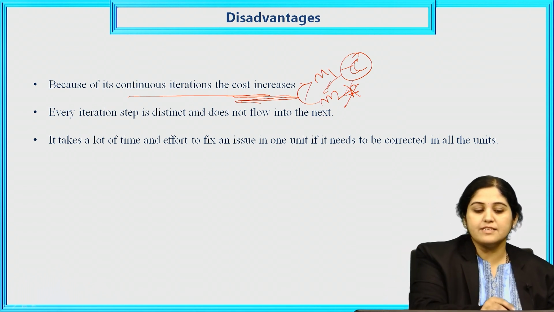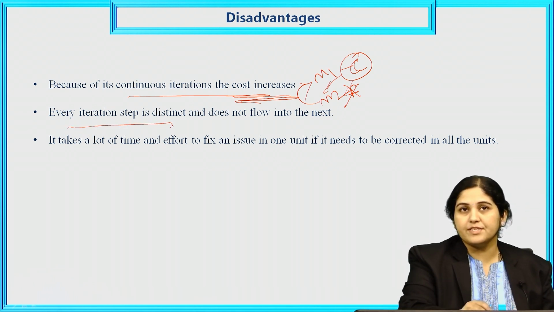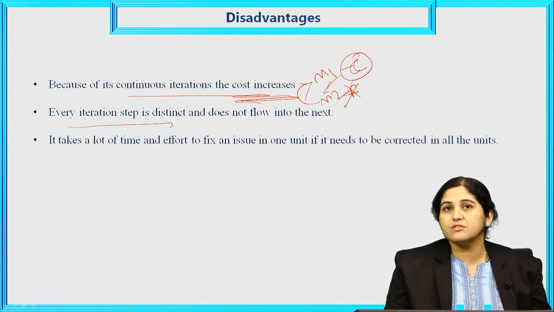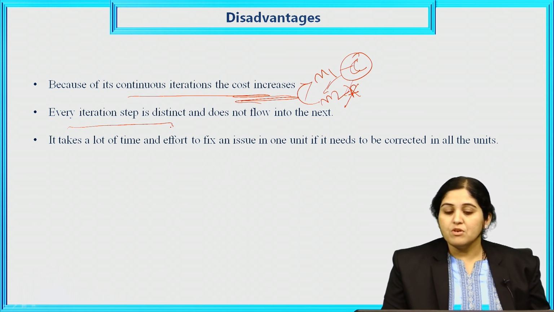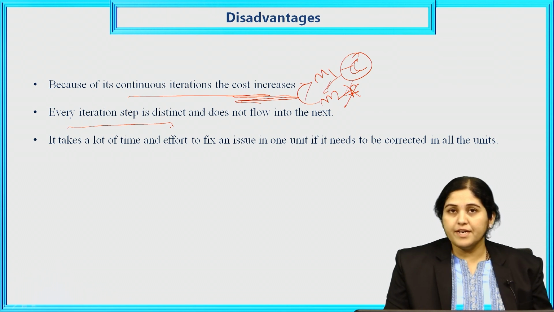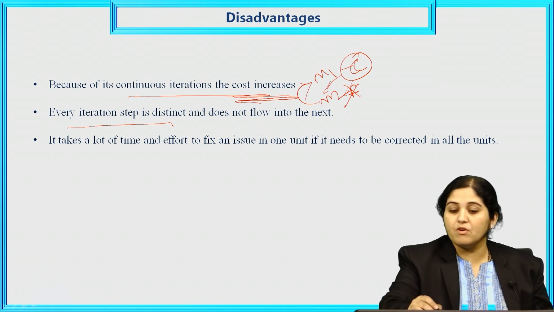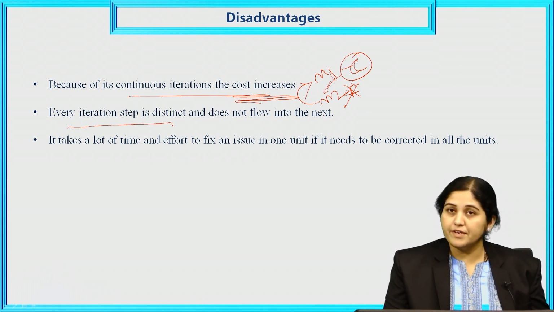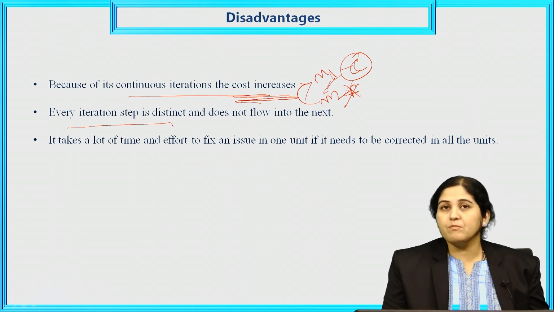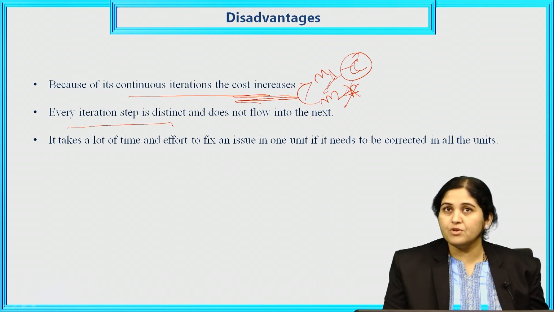The next disadvantage is that every iteration step is distinct and does not flow into the next. Every iteration we can say is different, because based on priority we are delivering the modules to the customer. Module 1 might be easy to use and easy to develop, but module 2 may not be like that.